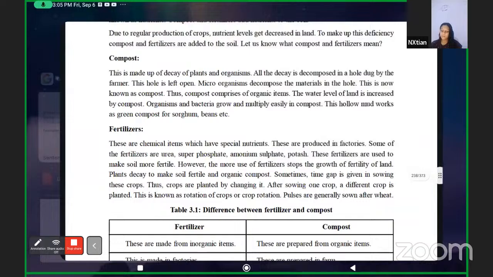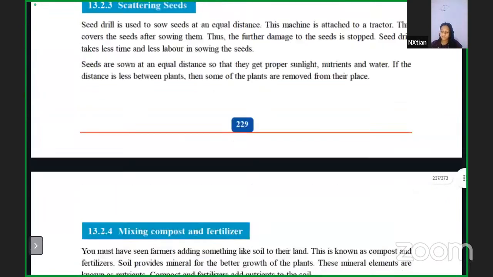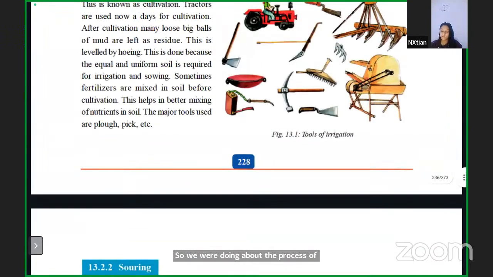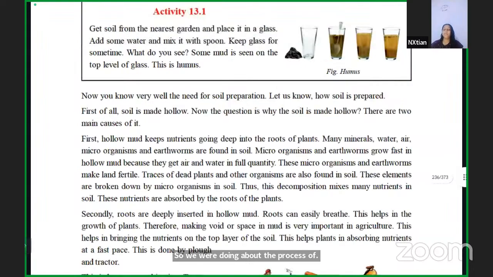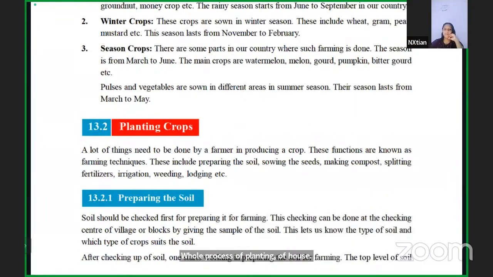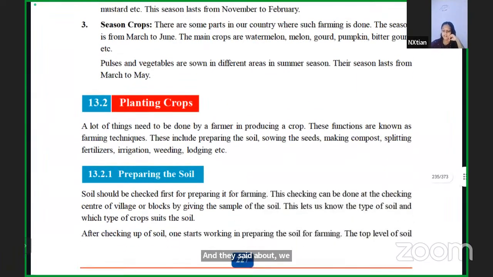So we were doing the process of cultivation of crops, the process of planting of crops, and we studied preparing the soil.